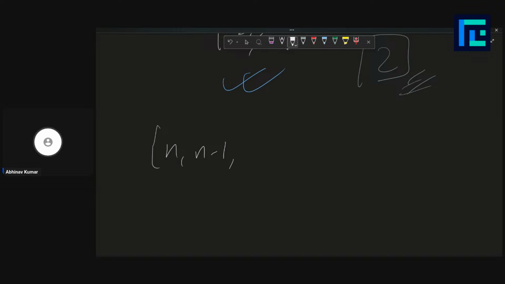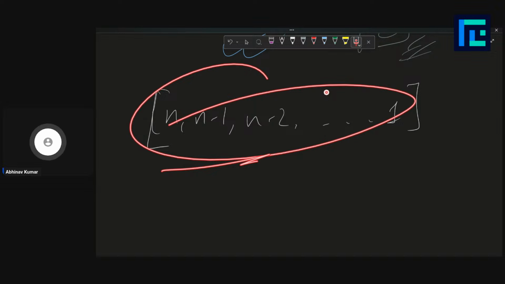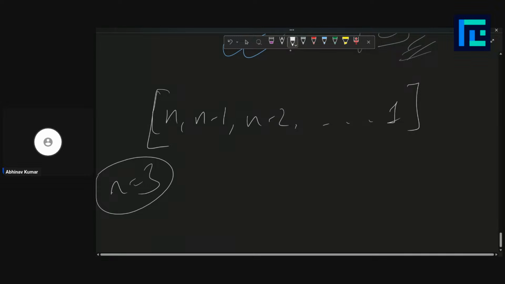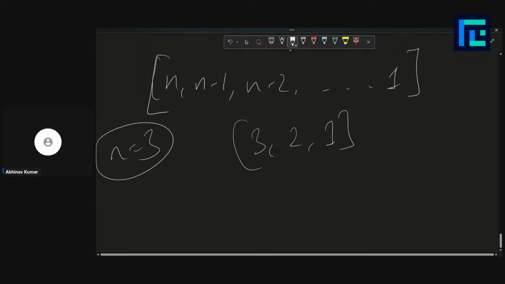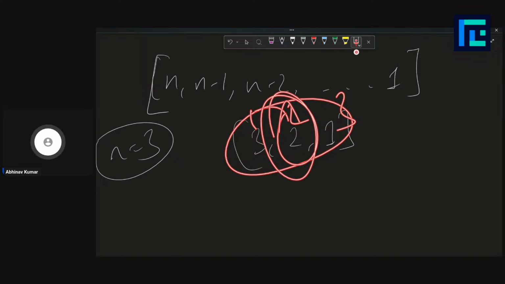N minus 1, n minus 2, up till 1. Just take this permutation, the reverse permutation. If you take this permutation, just try to think what would be the GP value of this particular permutation. Let's say for n equal to 3, for the initial permutation 1, 2, 3, this middle one would give me an FP value of 1.